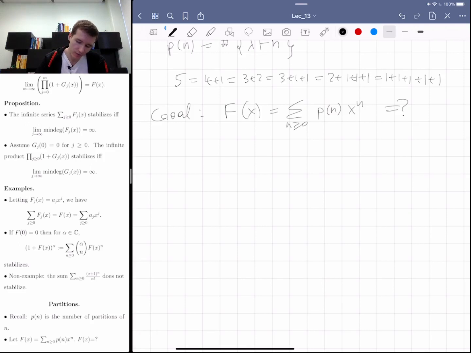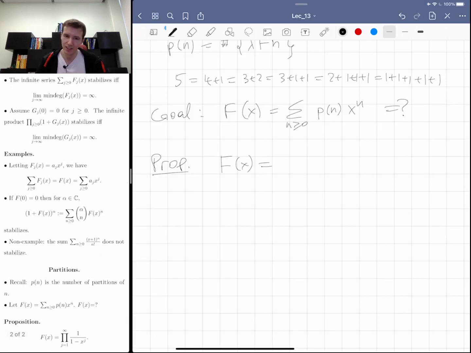Here's the formula, which I think is very nice. F of x is equal to, again, the only way to guess it is to actually prove it, you can't deduce it from common sense.